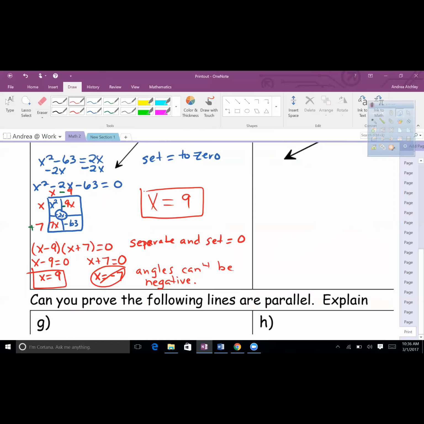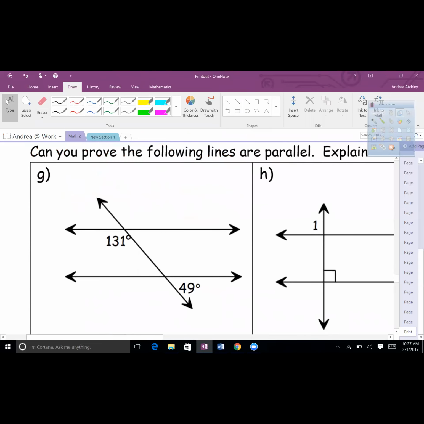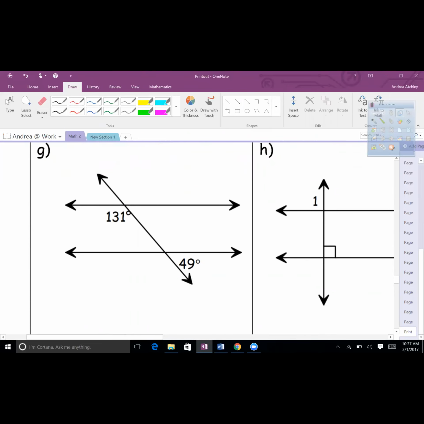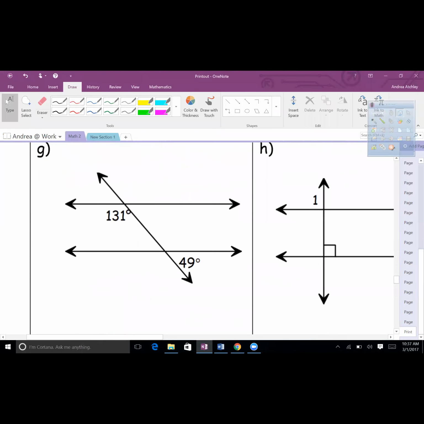Okay, for the next one it says, can you prove the following lines are parallel? Let's just do this one. Okay. We want to know if 131 and 49 can make those lines parallel. And how do you know yes? Because they add to 180. Because this is a vertical angle with this.